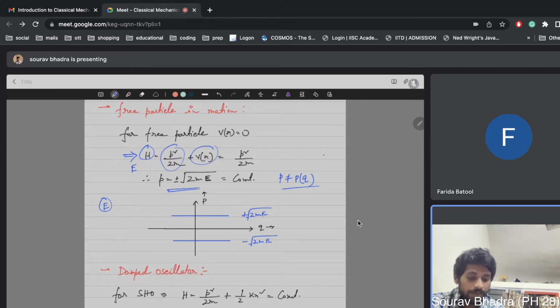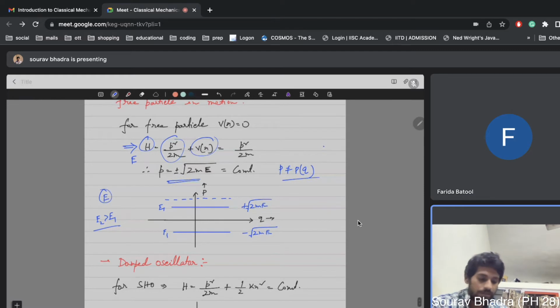If it is E1 energy, corresponding to E1 there is one line. Now suppose you have another particle which has energy E2 which is greater than E1, then for that it will be parallel but at a higher position, because the E has been increased. Okay, but it will be a straight line parallel to the q axis, as p is not a function of q, as well as the minus root 2mE.